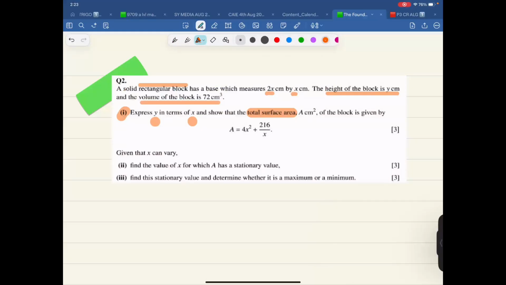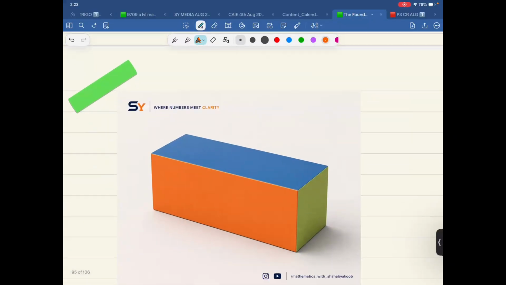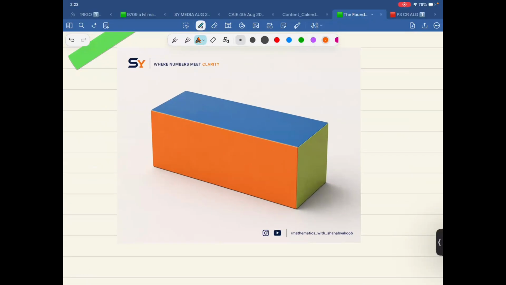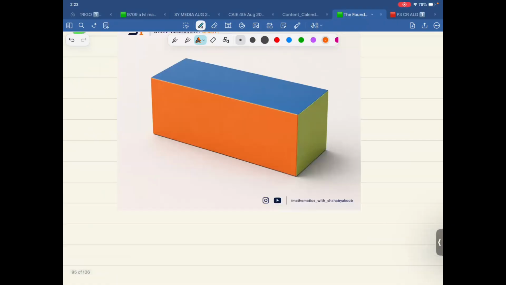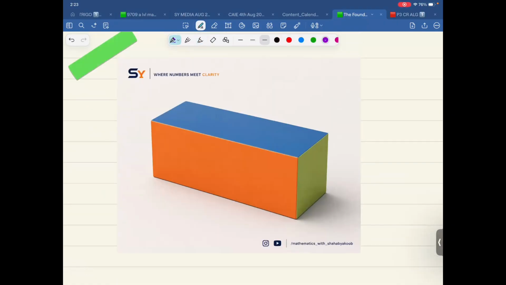Now over here, it says it's a rectangular block. Let's take a rectangular block, something like this. What are the measurements of this block? It's 2x by x and the height is y. Let me highlight it.